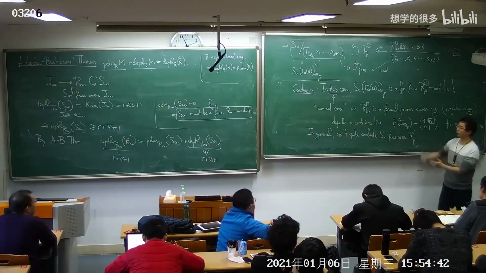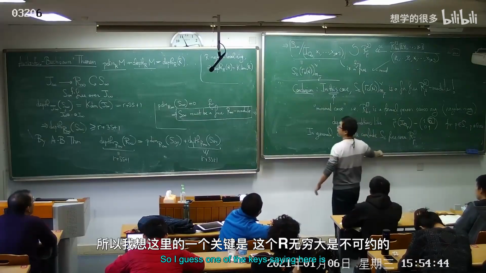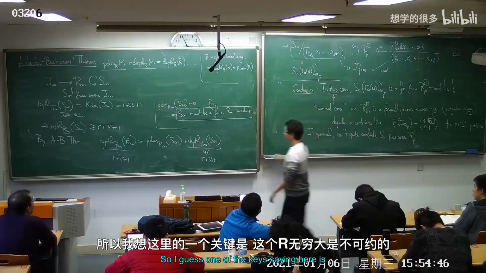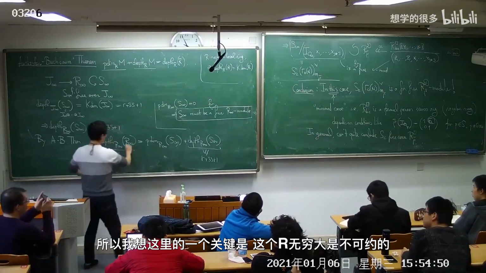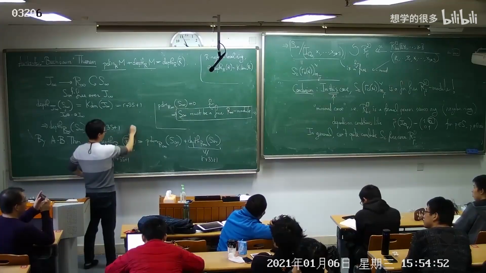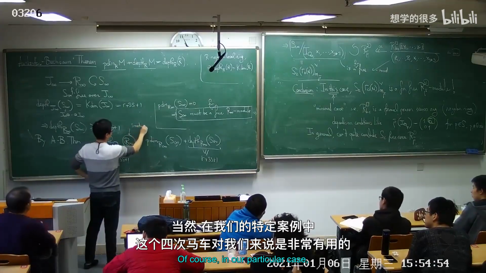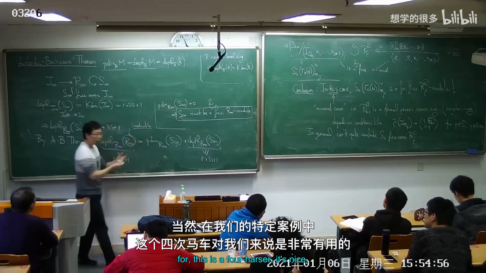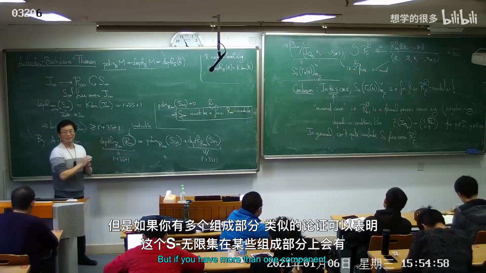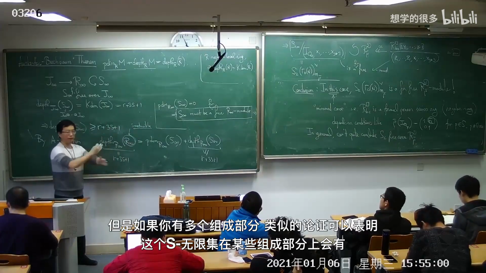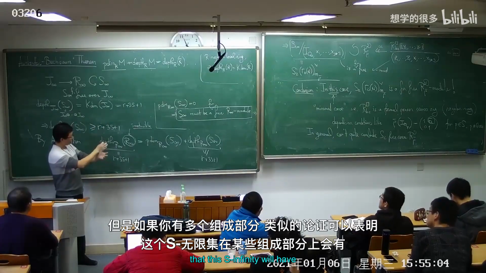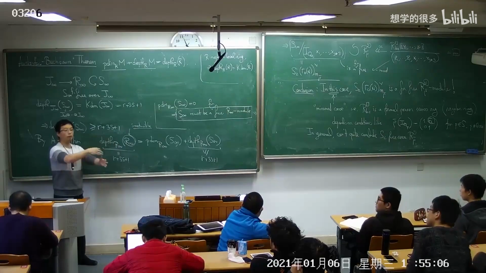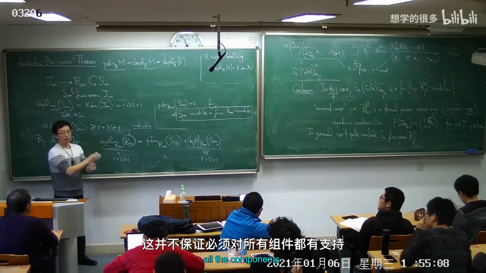of R log. So I guess one of the key things here is that this R infinity is irreducible. Of course, in our particular case, this is a formal power series ring, which is nice. But if you have more than one component, a similar type of argument can show that this S infinity will have full support on some components, but doesn't guarantee it has full support on all the components.